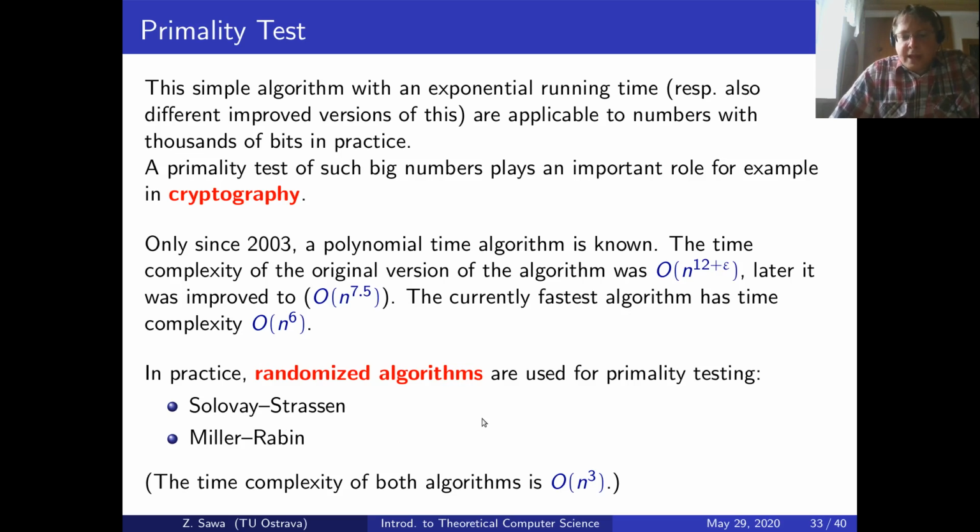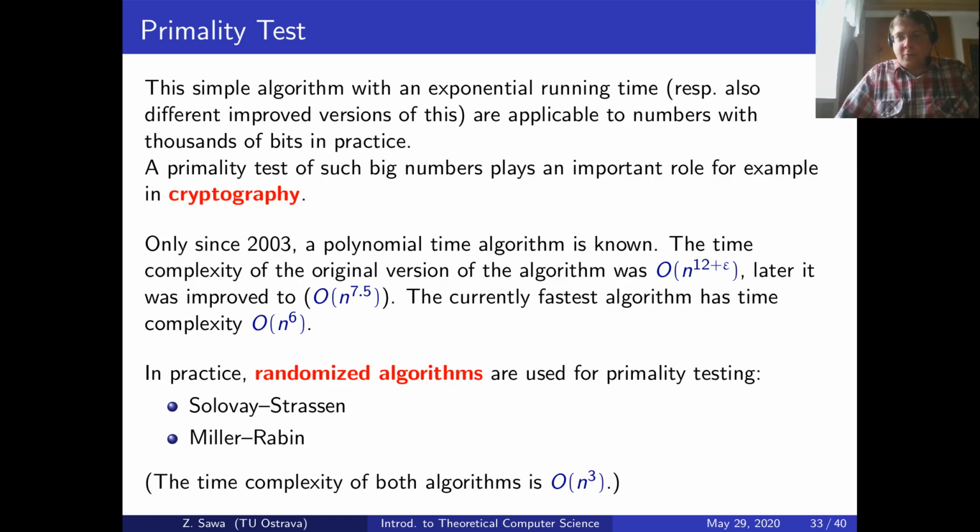Both of them are polynomial time, and both have complexity big O n to 3, which is reasonable for use in practice for generating primes with thousands of bits. But they have the property that they are so-called randomized algorithms.